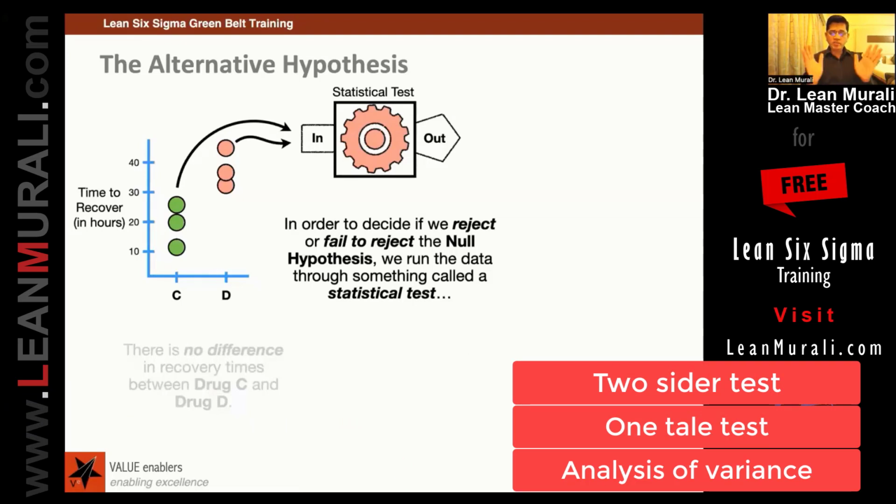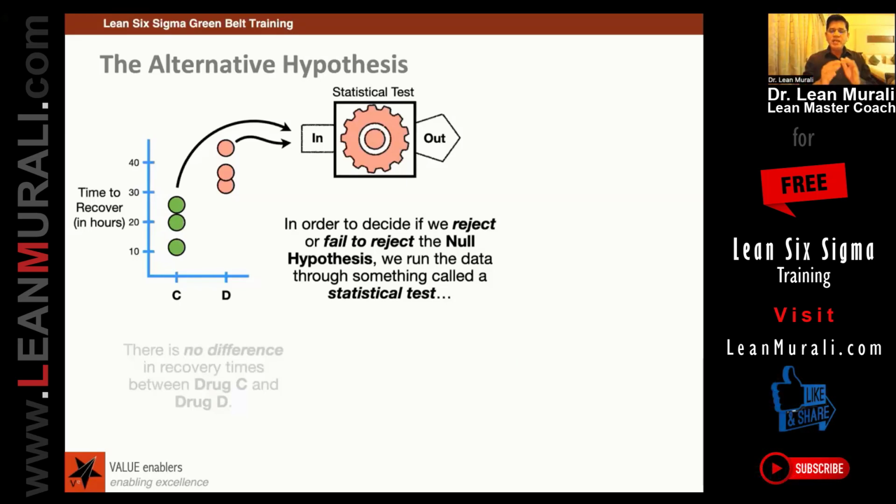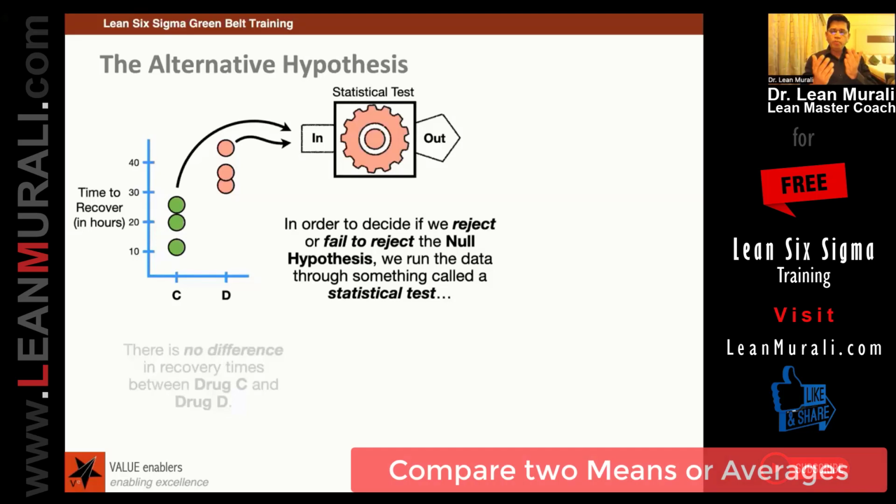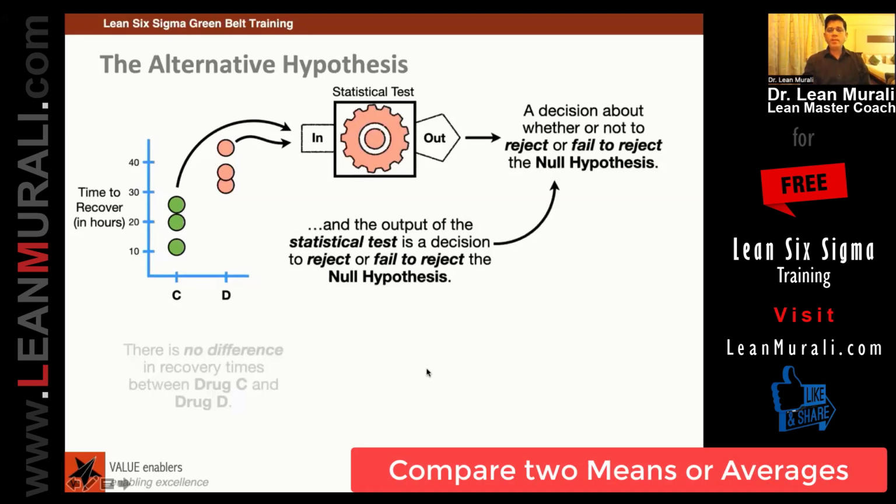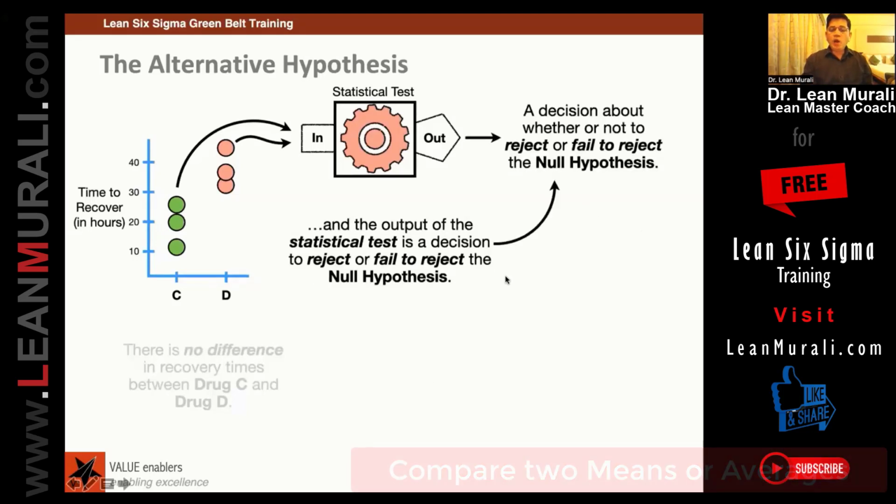But I will not carry you by many of those lingos now. But there is a statistical test, and the most common test is called a t-test, which will compare the two means or two averages. And then the output of the statistical test is a decision to reject or fail to reject. And in the output, we see what is called a p-value.